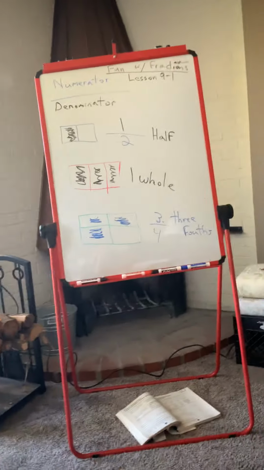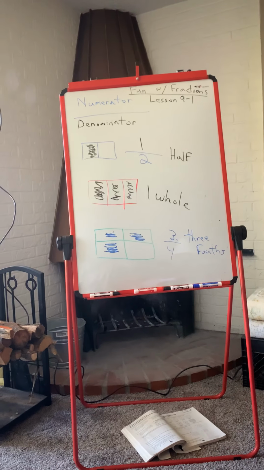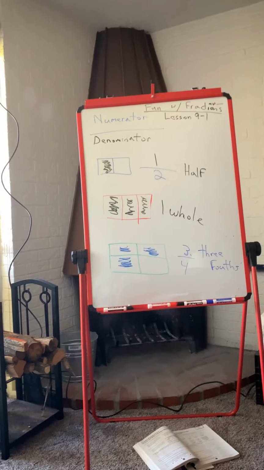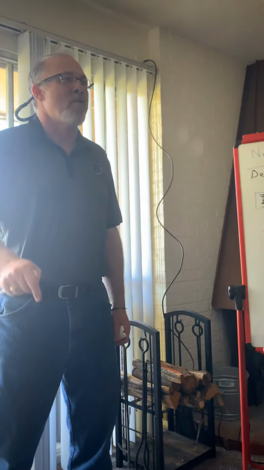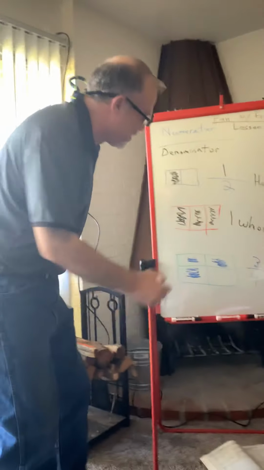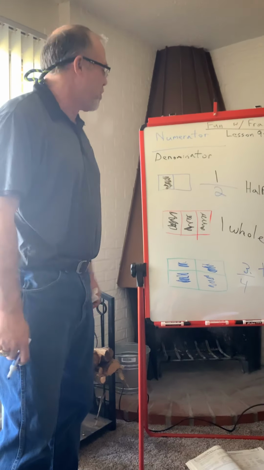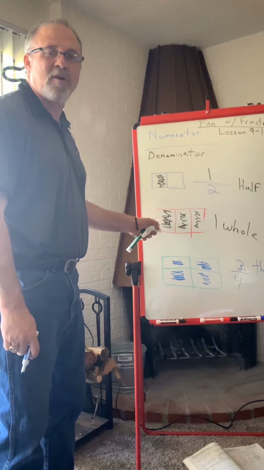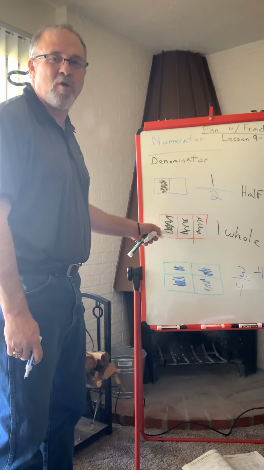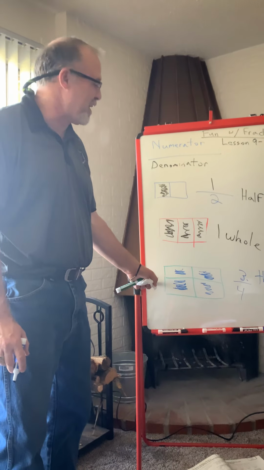There it is, right there. 3 out of 4, 3/4. And then, of course, I know what you're thinking: what if we just shade them all? If you remember what we did earlier, what was this called? It's called a whole. What do you think this is going to be? That's right, boys and girls. It's 1 whole.